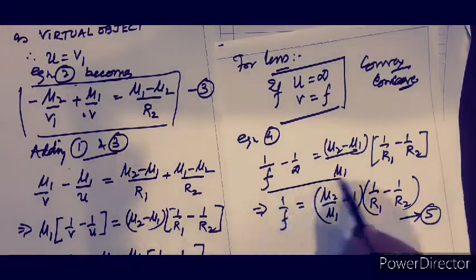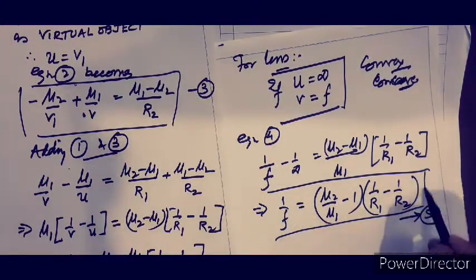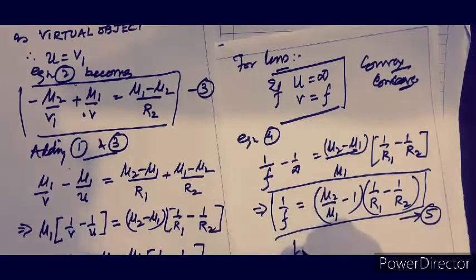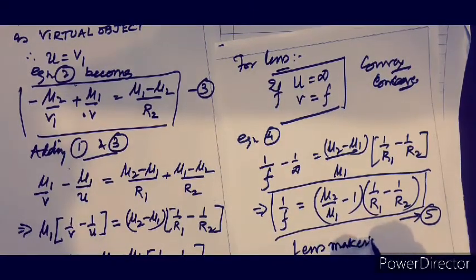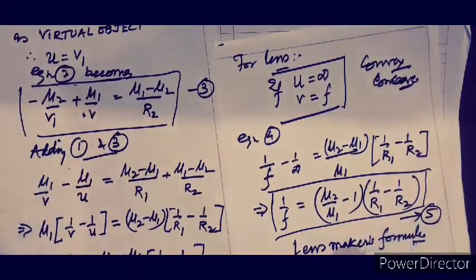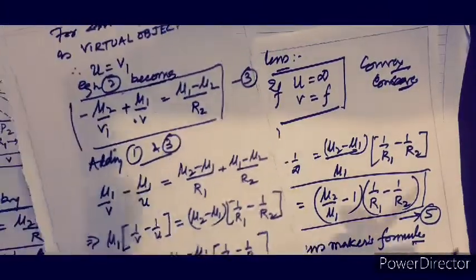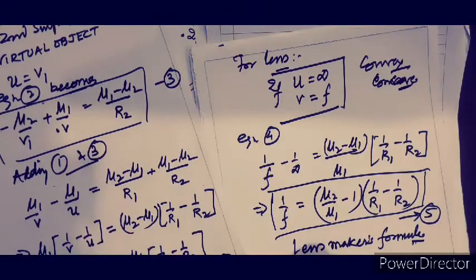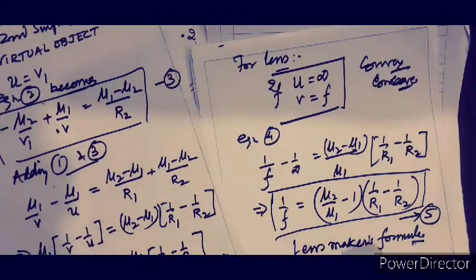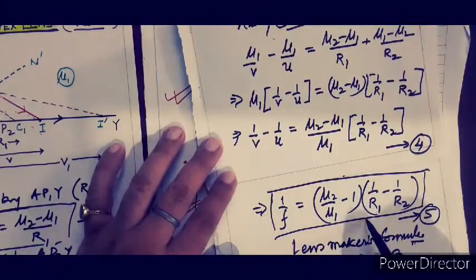Now this is the equation number 5. This equation is known as Lense-Maker's formula. And if we compare equation 4 and 5, 4 is this and 5 is this.